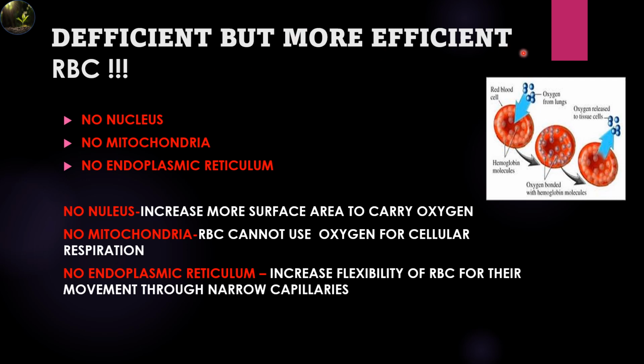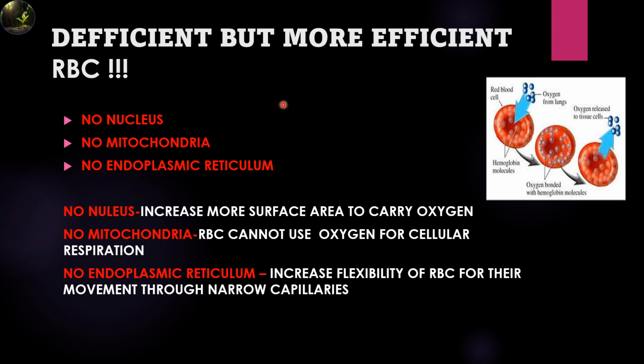Deficient but more efficient RBC. Why is RBC called deficient? Deficient means the absence of something. All of you know that nucleus, mitochondria, and endoplasmic reticulum are cell organelles.